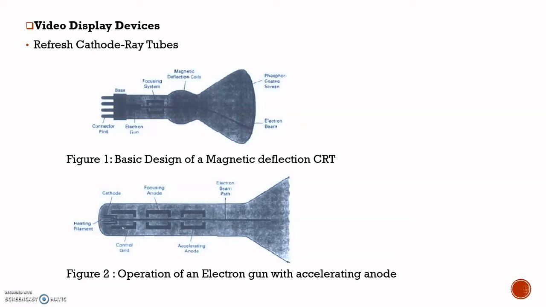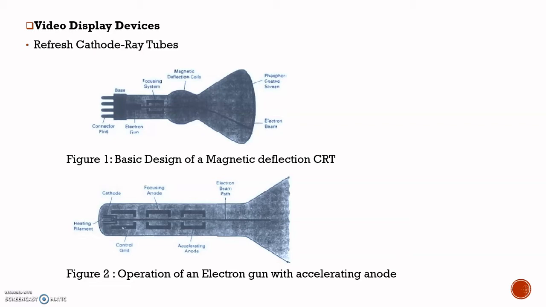The phosphor then emits a small spot of light at each position contacted by the electron beam. So whenever the electron beam contacts the phosphor, it emits a small spot of light. That is why we are seeing a picture on the TV. This light produces a picture on the TV.